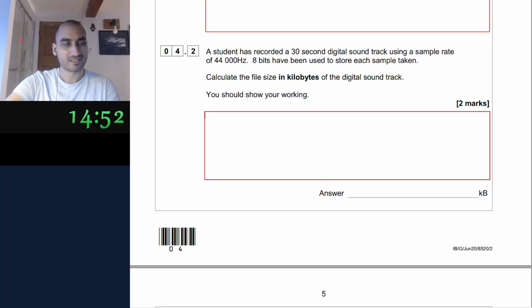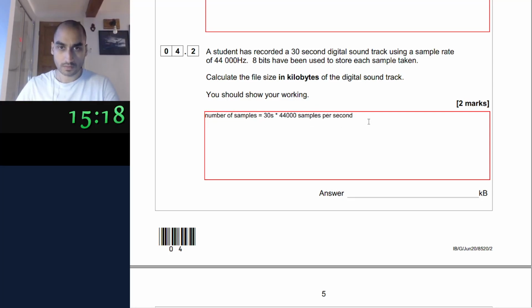Number of samples equals 30 seconds times 44,000 samples per second.